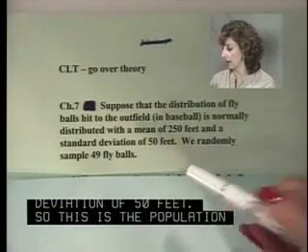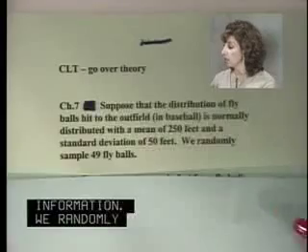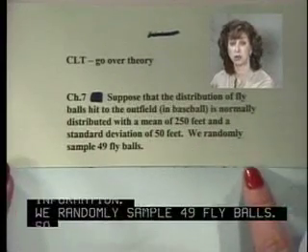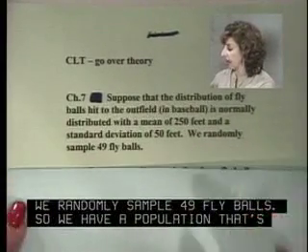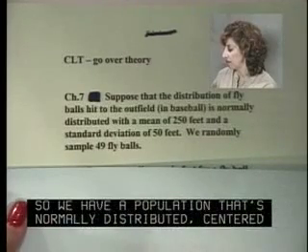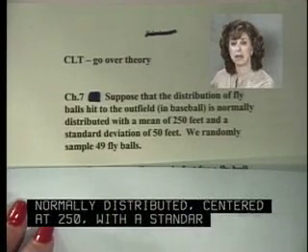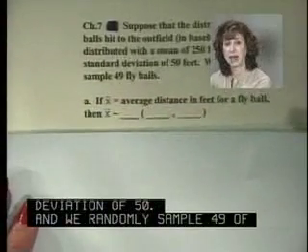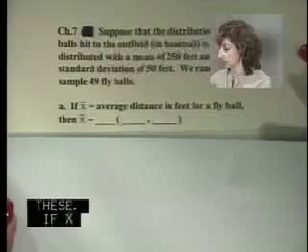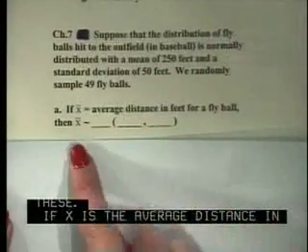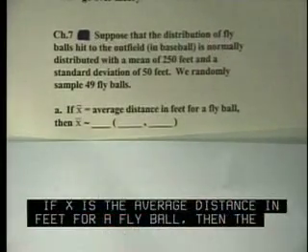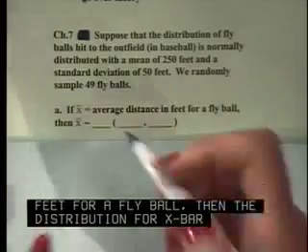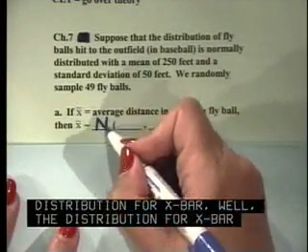We randomly sample 49 fly balls. So we have a population that's normally distributed, centered at 250 with a standard deviation of 50. And we randomly sample 49 of these. If x is the average distance in feet for a fly ball, then the distribution for x bar will be normally distributed.